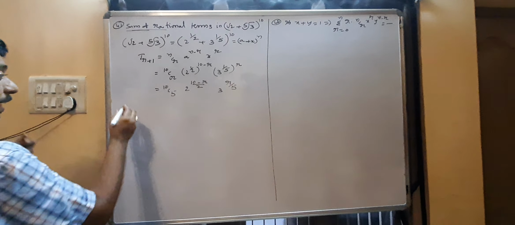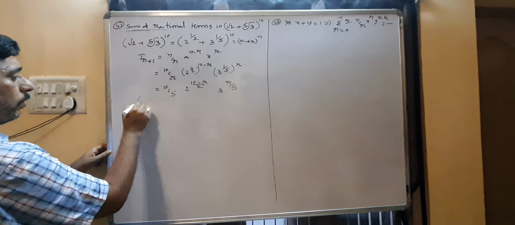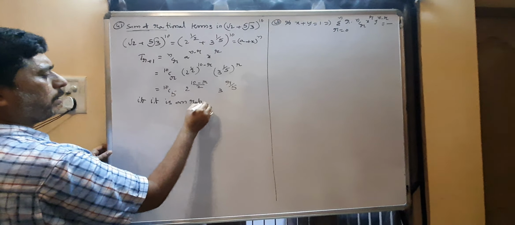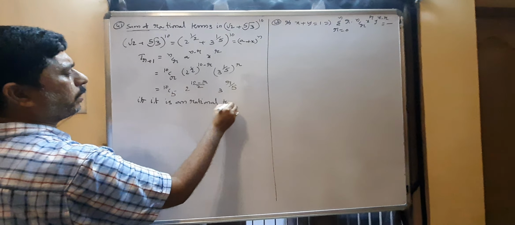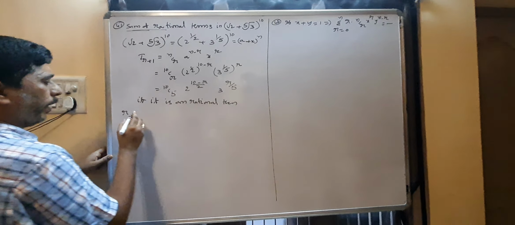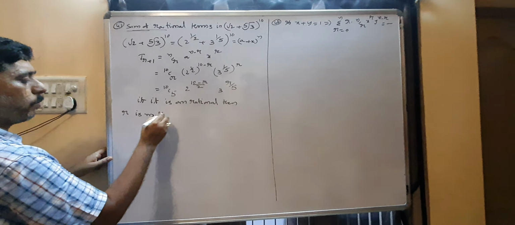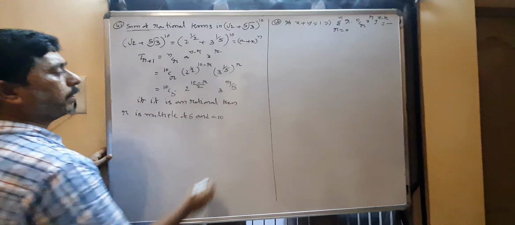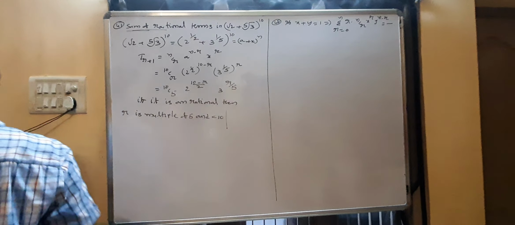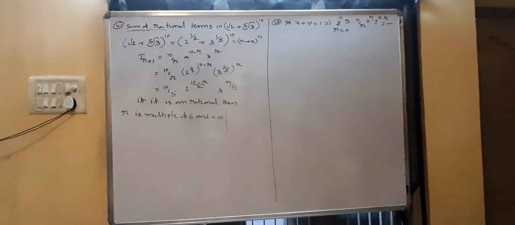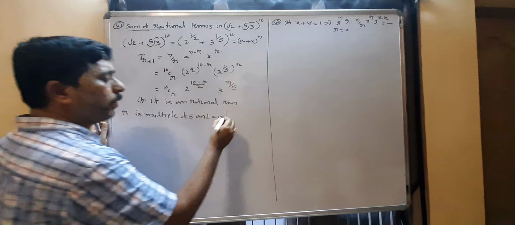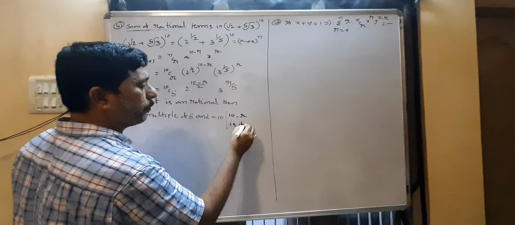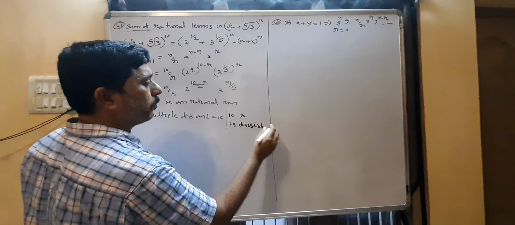If it is rational, then r is a multiple of 5 and less than or equal to 10, and 10 − r is divisible by 2.